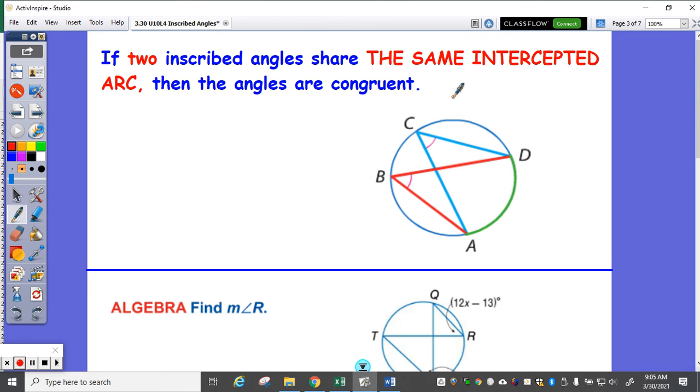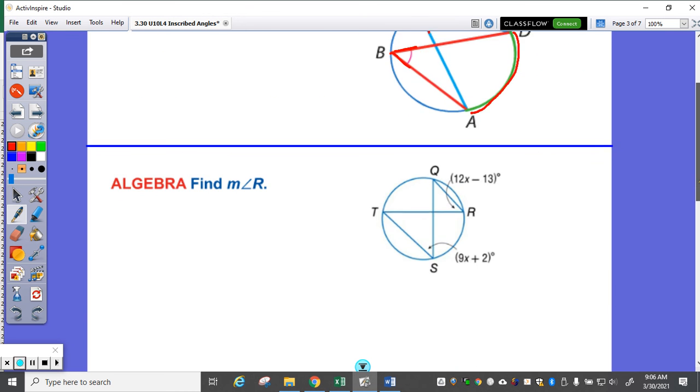So if you have two angles that share the same arc, then the angles are equal. If they have the same arc, the angles are equal. So you introduce a little bit of algebra to this, because if I look at these two angles right here, these two angles have this as the intercepted arc.